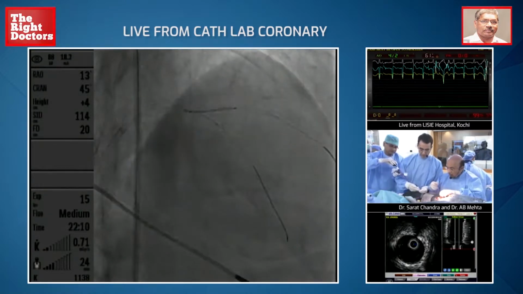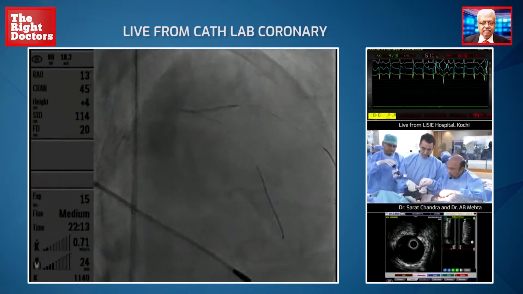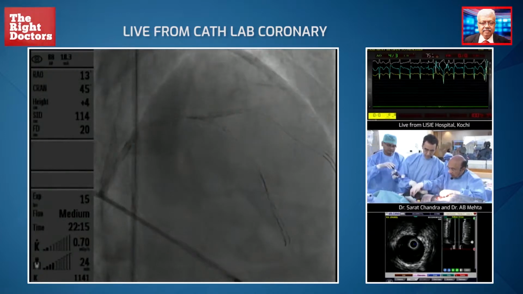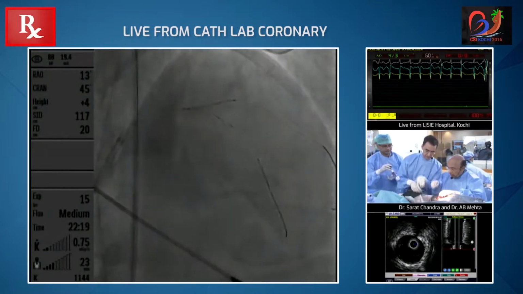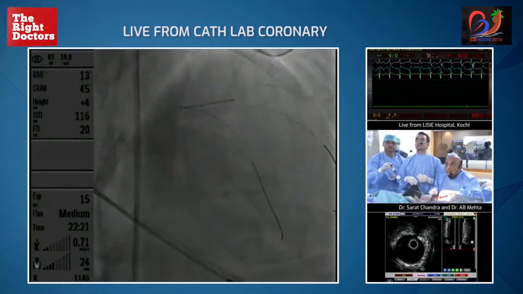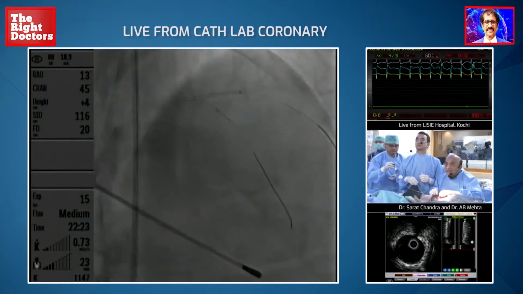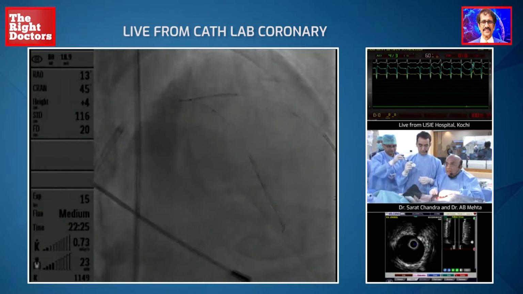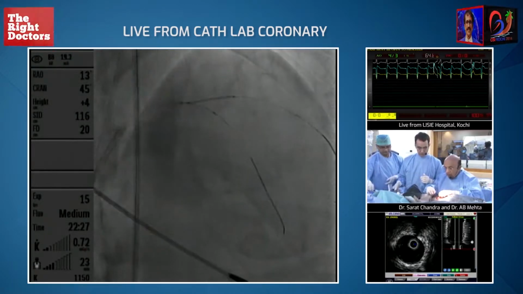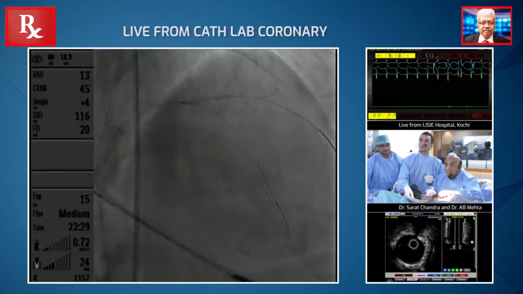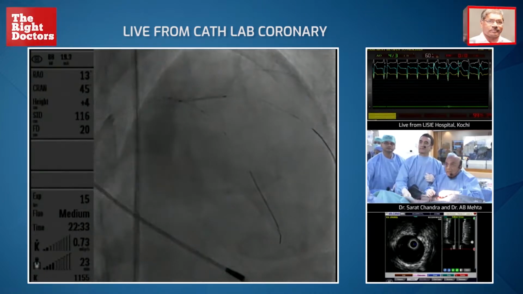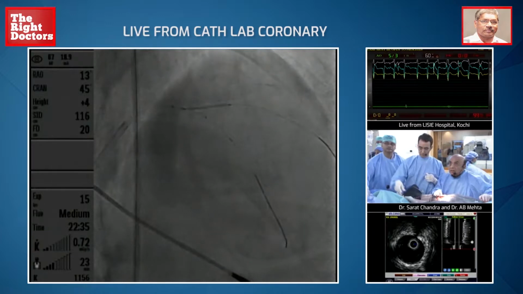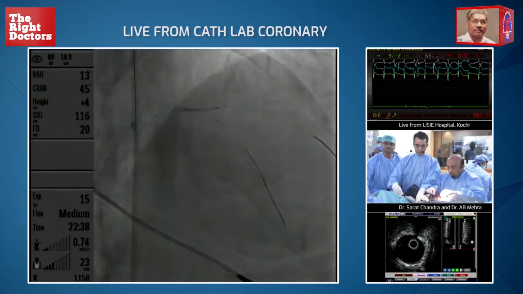In clinical practice, how often do you use FFR? Very routinely. IFR and FFR I would use in most of my angioplasty. So SYNTAX 2 is a trial looking at a physiology-guided strategy for multivessel disease, which has just completed, and that is using IFR with a hybrid strategy, the results of which will be published.